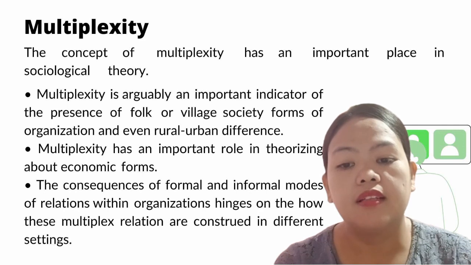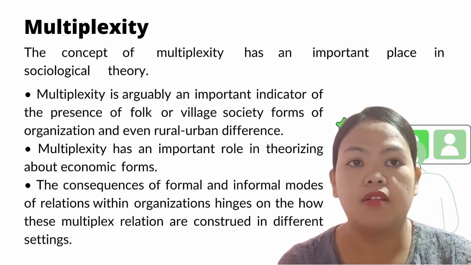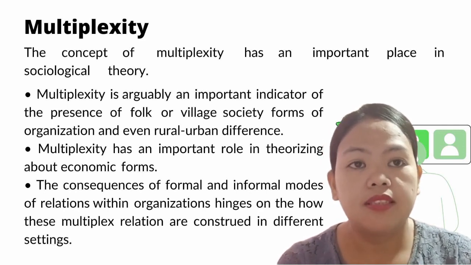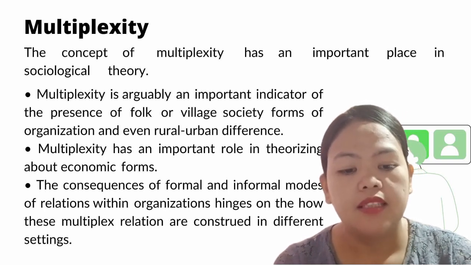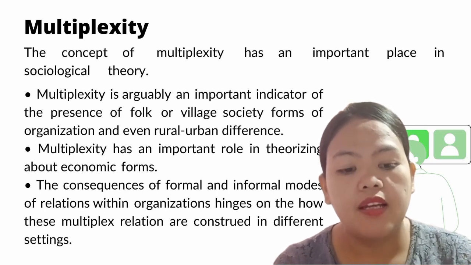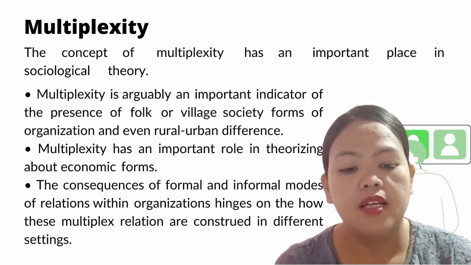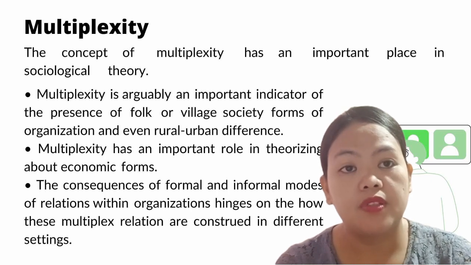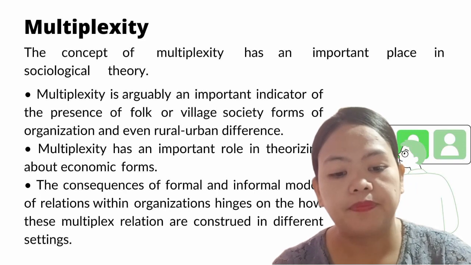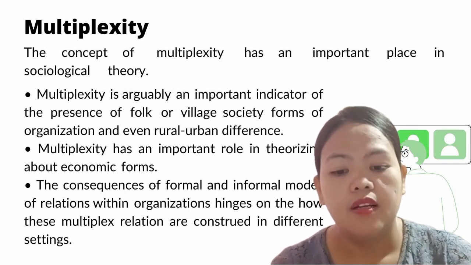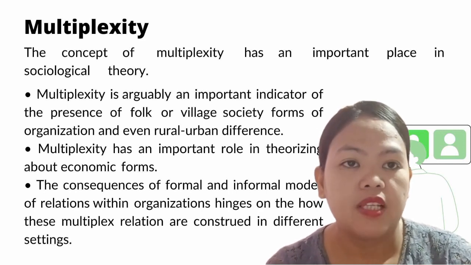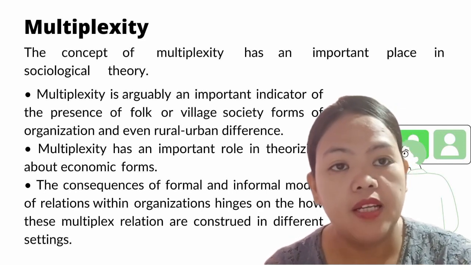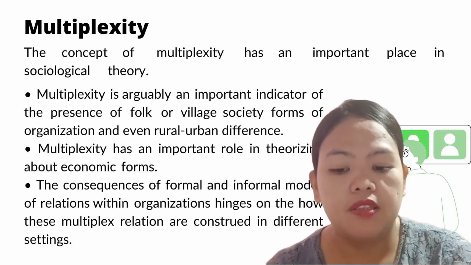The second related sense of multiplexity is content multiplexity. This refers to the possibility that as a result of having a given role relationship, there are a number of different flows or ideas between a pair of persons. For example, the coworker relationship involves advice, friendship, and work on common tasks.